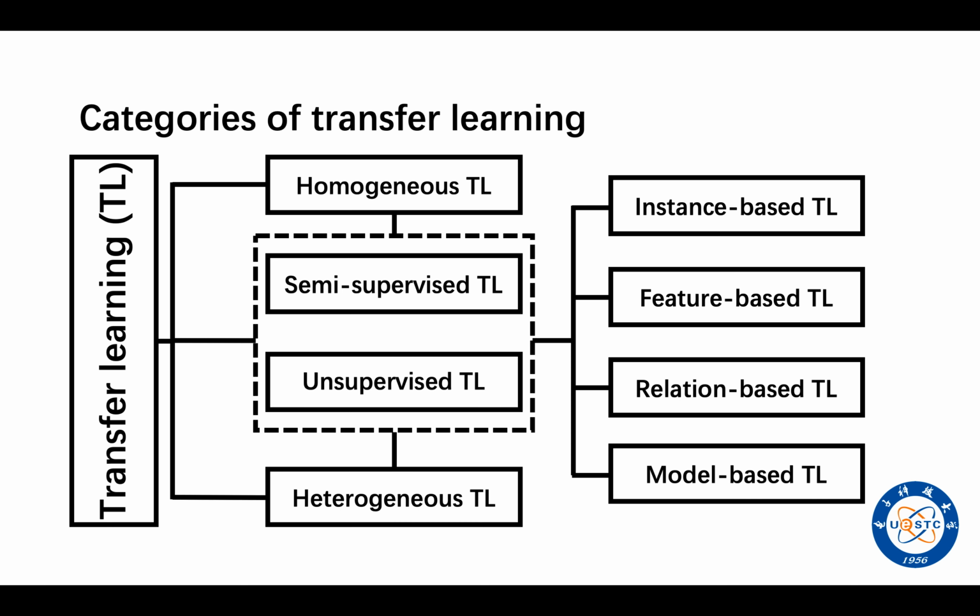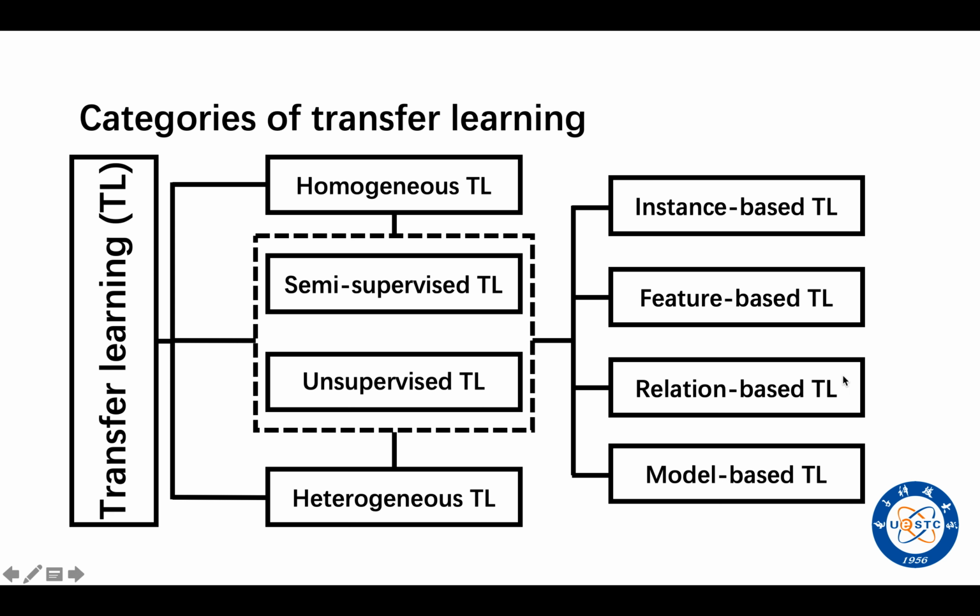In terms of the labels of the given data, transfer learning can be categorized into semi-supervised transfer learning and unsupervised transfer learning. The semi-supervised transfer learning refers to a common method where the unprocessed data set has a few labels. The unsupervised transfer learning focuses on the task where the unprocessed data set is totally unlabeled.